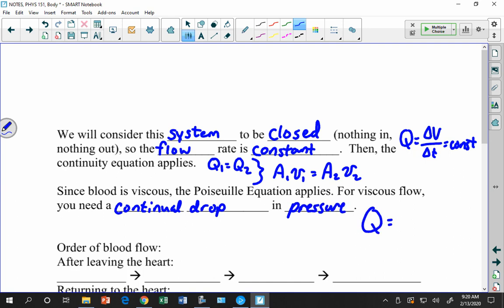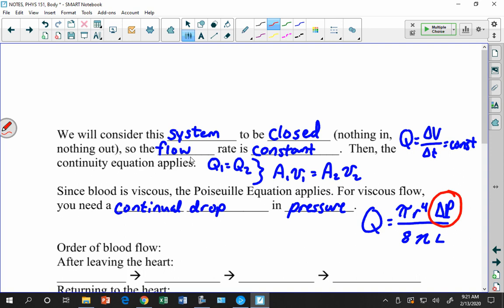Remember, the Poiseuille equation was pi r to the fourth delta P over 8 eta L. And so what we need when we have the circulatory system is that we always need this continual drop in pressure in order to keep the flow of blood.